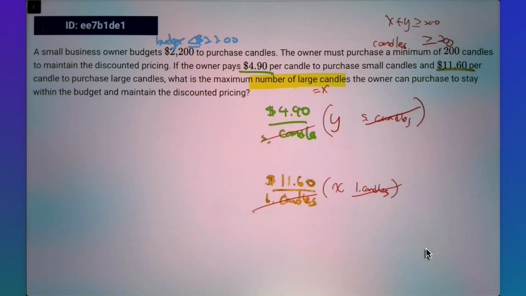So why don't we just subtract X to replace Y?